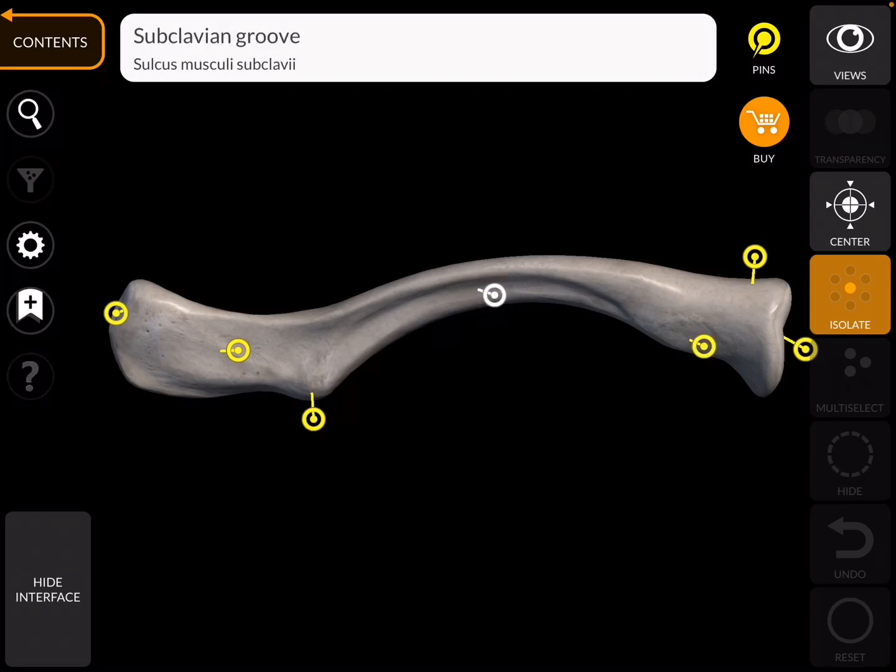And just after that, at the junction between the medial two-thirds and the lateral one-third, you can see another point that I'm going to point out here. We call it the conoid tubercle. The conoid tubercle is the one that attaches to the conoid process of the scapula.